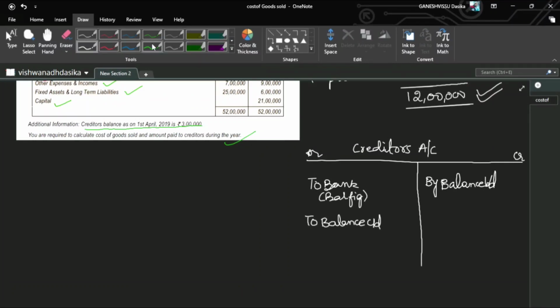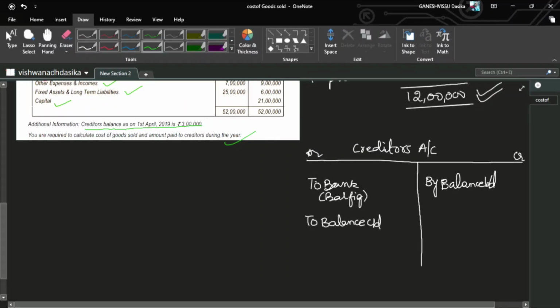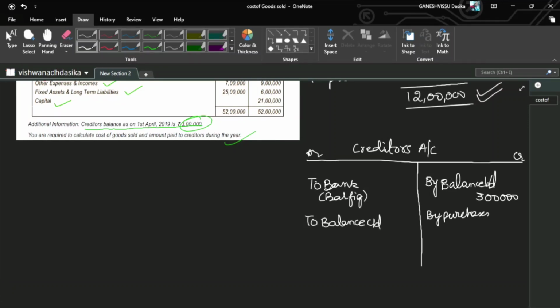In the adjustment they have provided. And here, by purchases. See, for calculation of the cost of goods sold, we are not going to consider the closing stock. But for purchases, the total purchases is added with the closing stock.